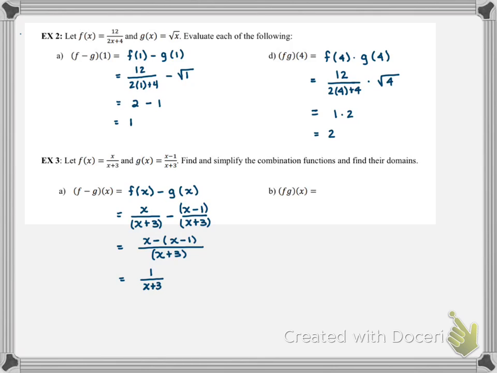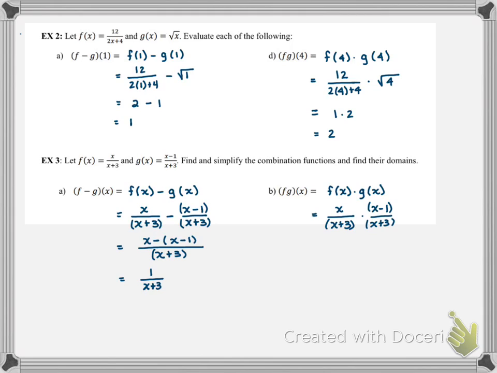And then multiplying, we have f of x times g of x is x over x plus 3 times x minus 1 over x plus 3. And again, parentheses around the numerators and denominators that have addition or subtraction. And this is kind of interesting because it sort of shows the difference between multiplying and adding and subtracting, right?